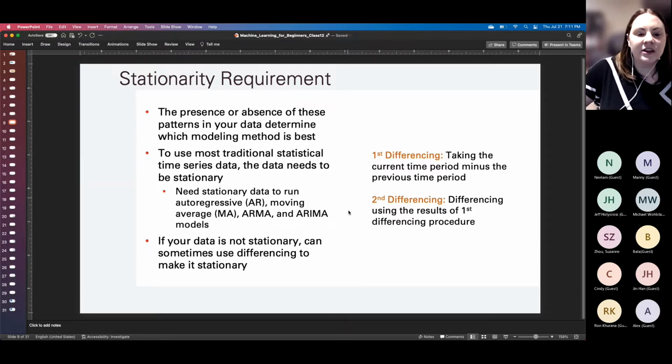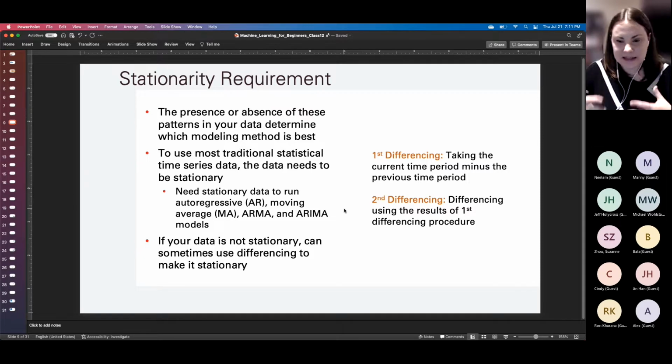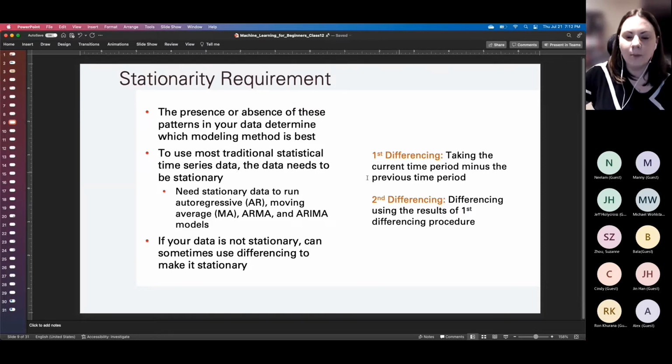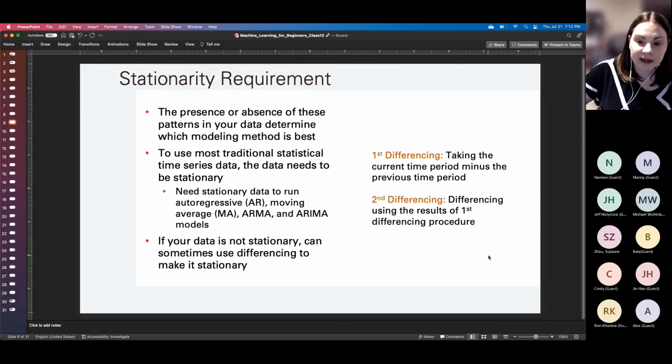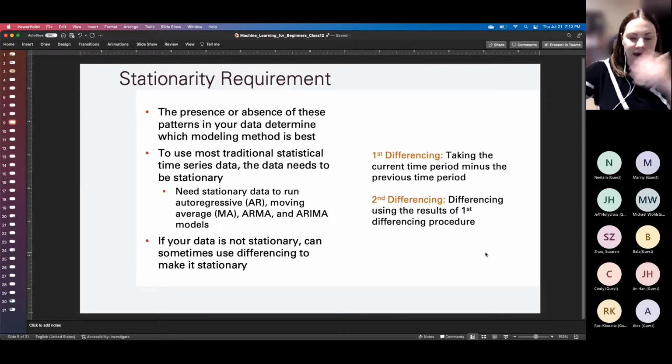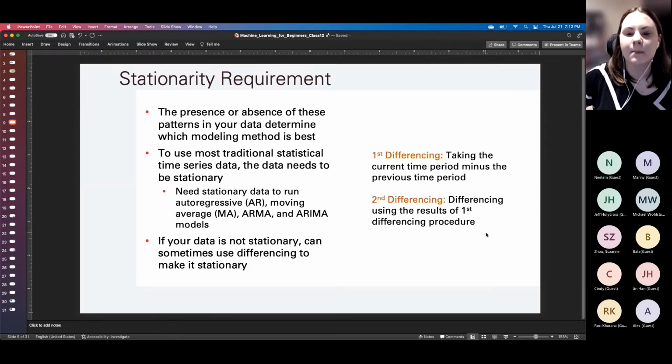One way that you can get data that isn't stationary to be stationary in some cases is first and second differencing. So what is that? First differencing is taking the current time period minus the previous time period. Then the second differencing is using the results from this first differencing procedure and doing a second differencing procedure, subtracting the previous time period from the current time period.